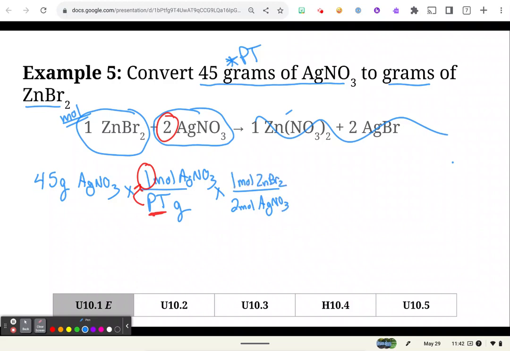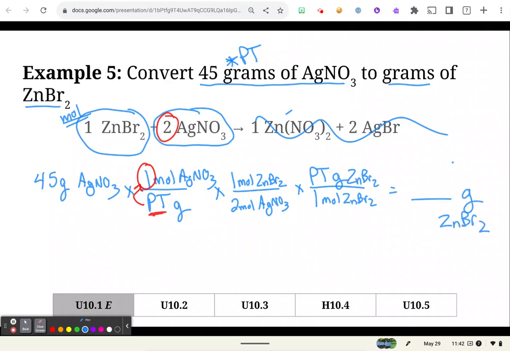All right, and then it wants me to end in grams of ZnBr2. So again, from the periodic table, for every 1 mole of ZnBr2, I need to figure out the molar mass. So the periodic table grams of ZnBr2, and get my answer, which will be in grams of ZnBr2.